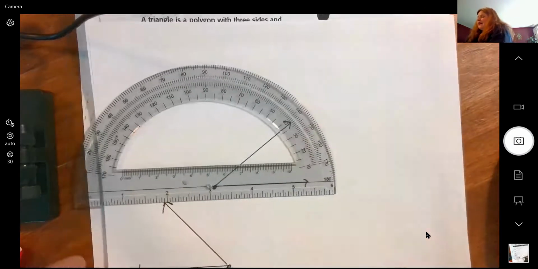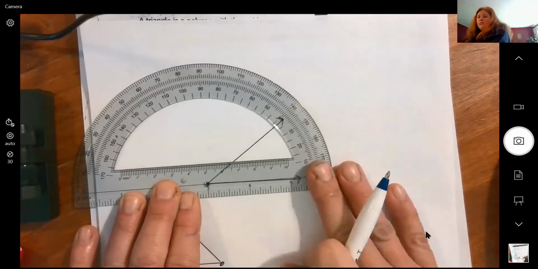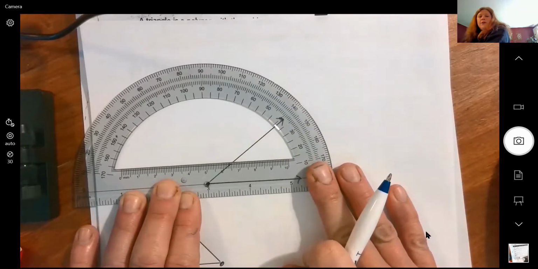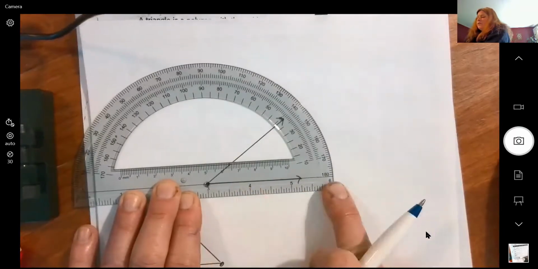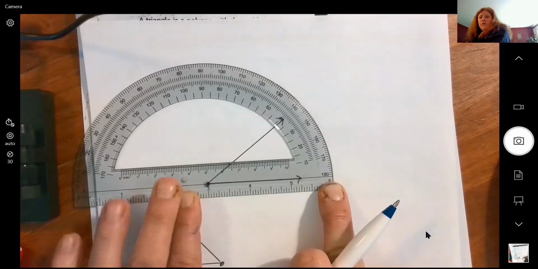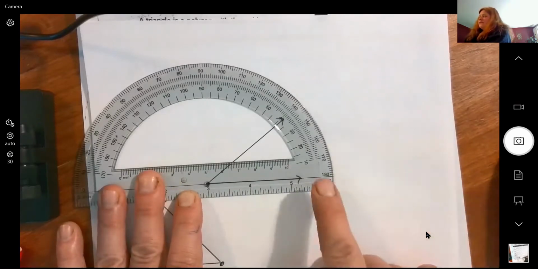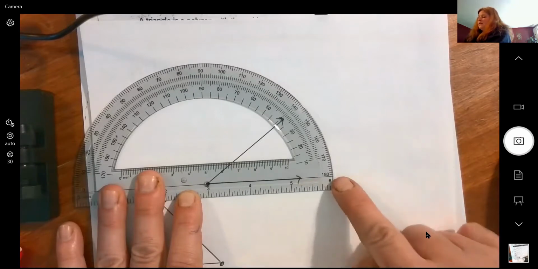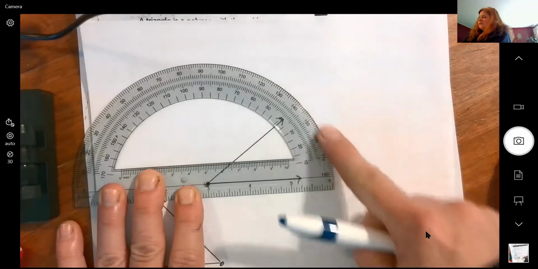Set that exactly on the circle, and then I'm going to push this up or down so that the bottom of my angle is on the 0 line. This is our 0. So this one starts at 0. Now remember, I have to find the 0. So this over here says 180. So I'm not going to use this set of numbers.